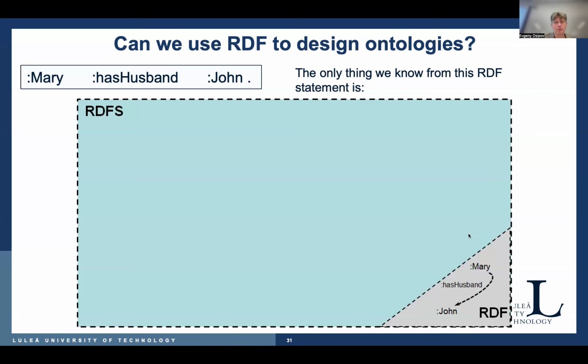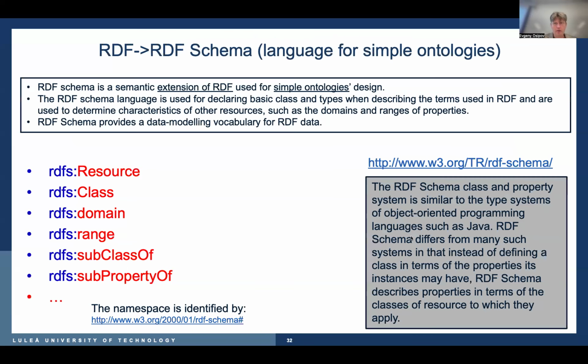So what we want is to extend RDF to begin with, to start describing belongingness of these individuals to different classes and subclasses. And for doing this, there is a standard called RDFS.